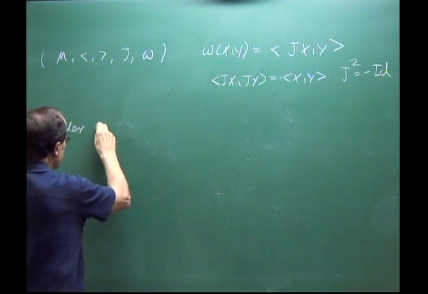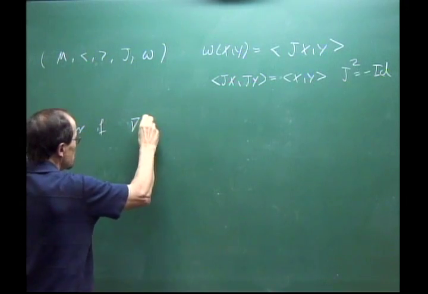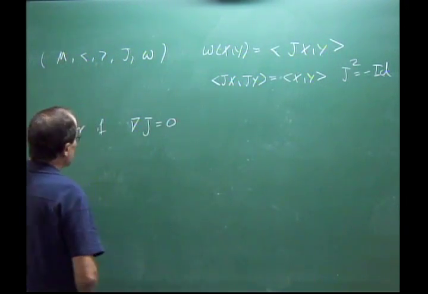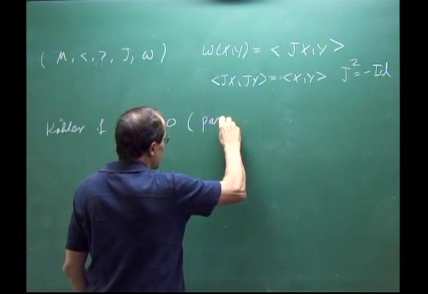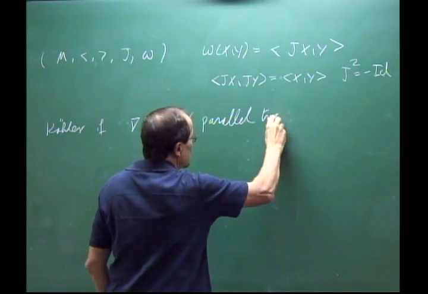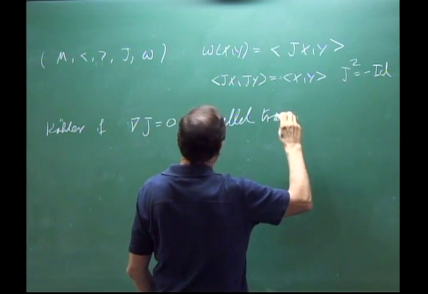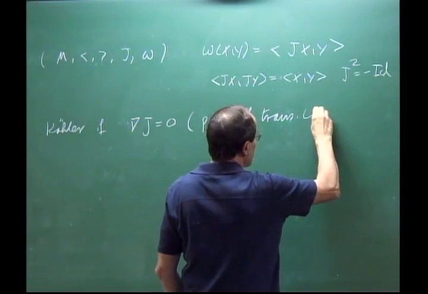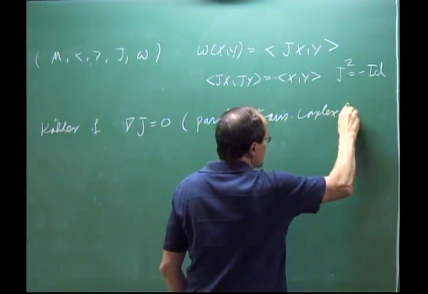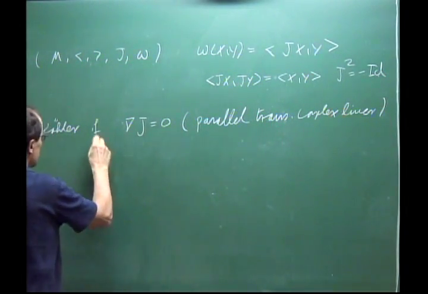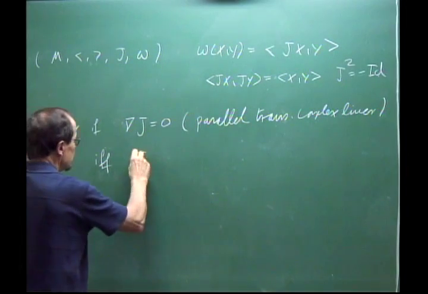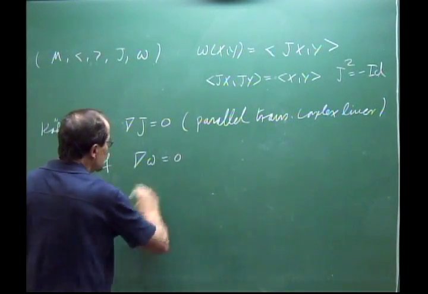There are several ways of saying it. One was that the complex structure J is invariant, equivalently parallel translation is an isometry, or parallel translation maps are complex linear. And this was if and only if the Kähler form is parallel.